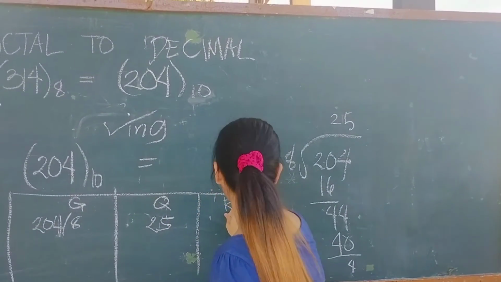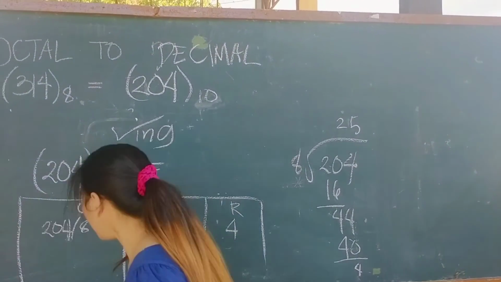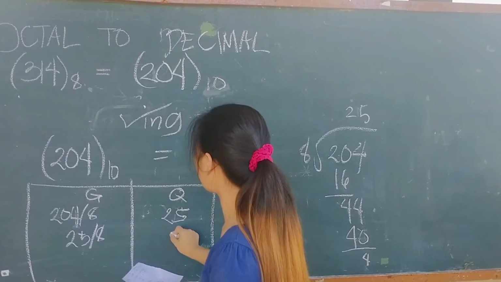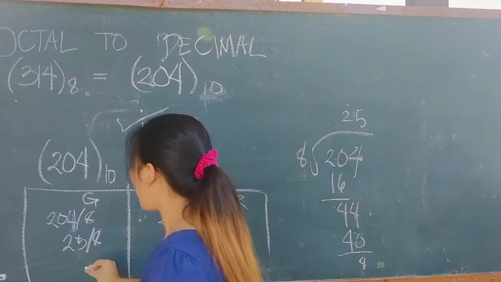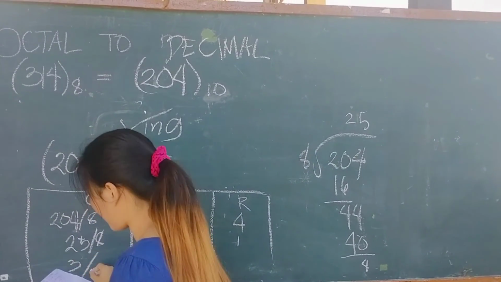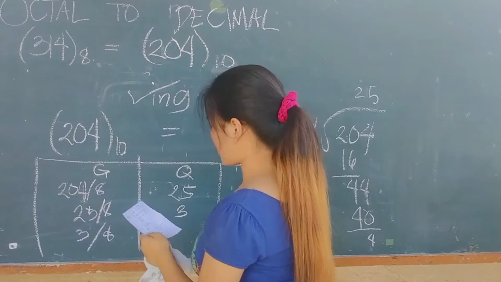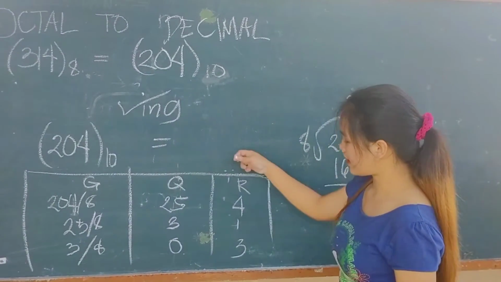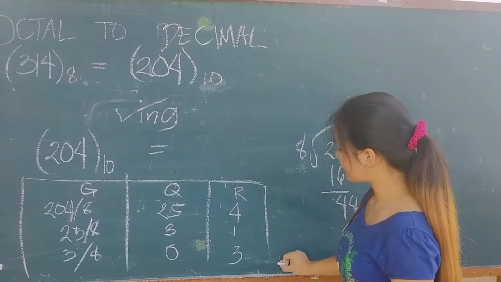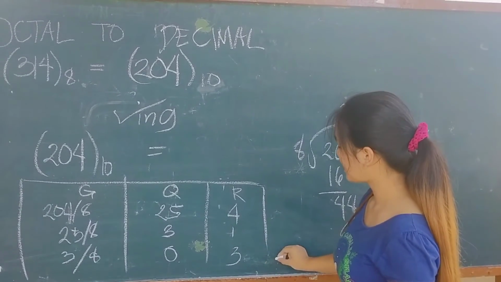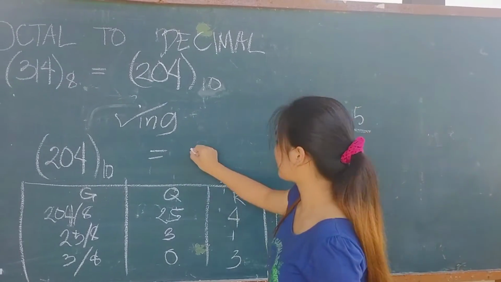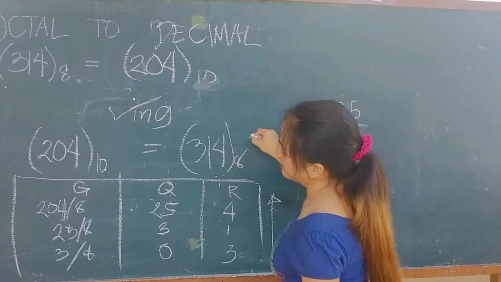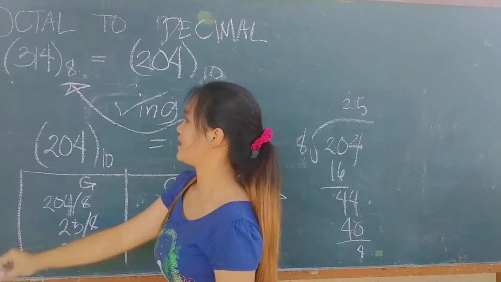The quotient is 25 and the remainder is 4. Then 25 divided by 8 is equal to 3 with 1 remainder. And 3 divided by 8 is equal to 0 with 3 remainder. To get the answer, we should read the remainders from bottom to top. So therefore 3, 1, 4 base of 8. So we got the given.